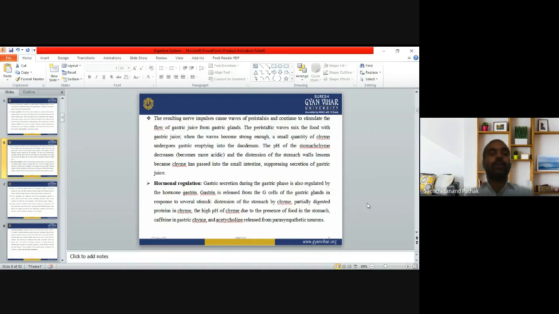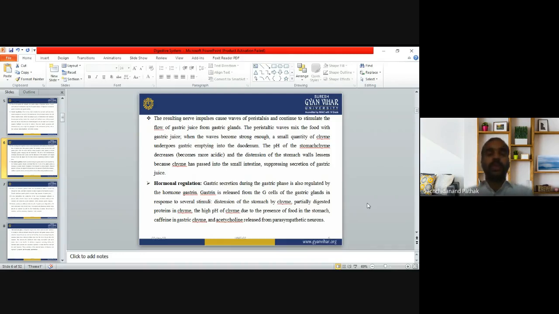Now what will happen when these are activated? The resulting nerve impulses cause peristalsis and continue to stimulate the flow of gastric juice from the gastric glands. By the activation of parasympathetic and enteric neurons, the waves of peristalsis will increase and gastric juice secretion will also increase.